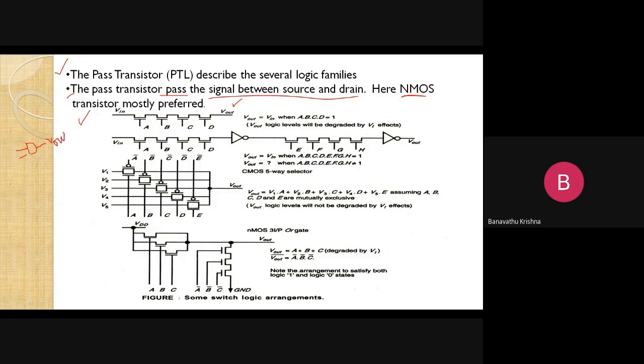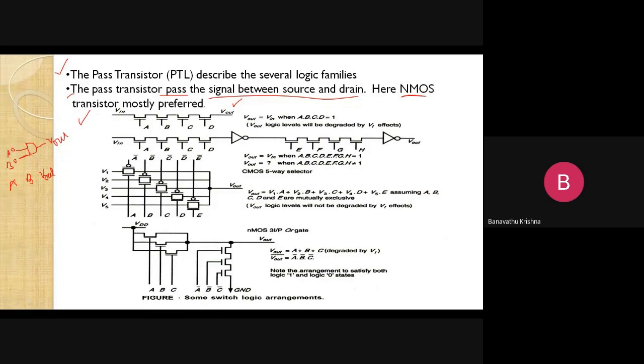What is meant by AND gate? AND gate means if any one of the inputs is 0, then automatically the output is going to be 0. So here it is A, it is B, and this is the V out.